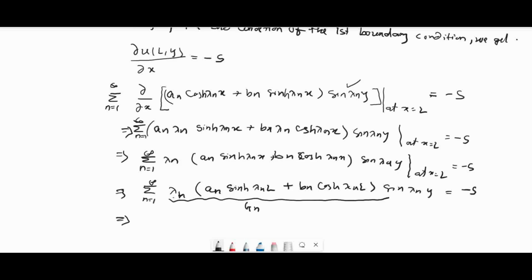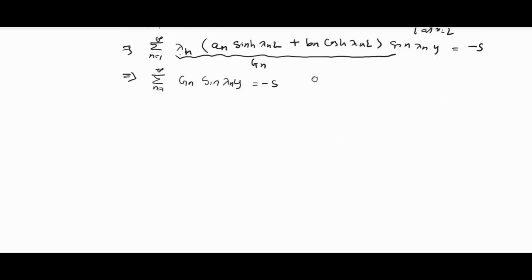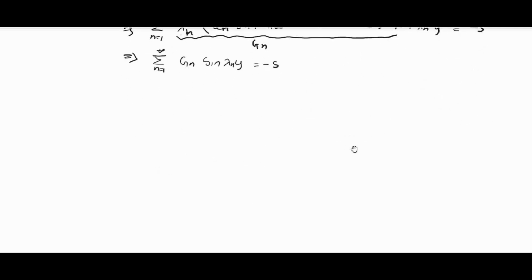So that implies we get summation of n is equal to 1 to infinity gn sin lambda n y is equal to minus s. Now this comes into a form where we can apply the Fourier half-range series to get the value of gn. So let us apply.